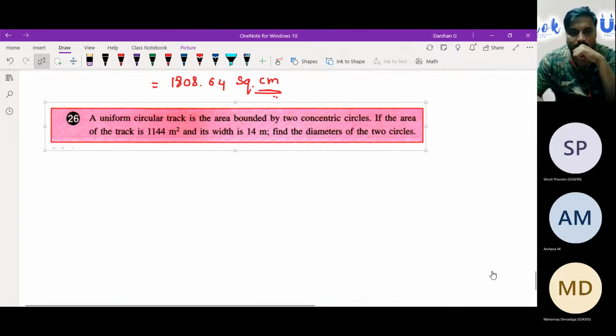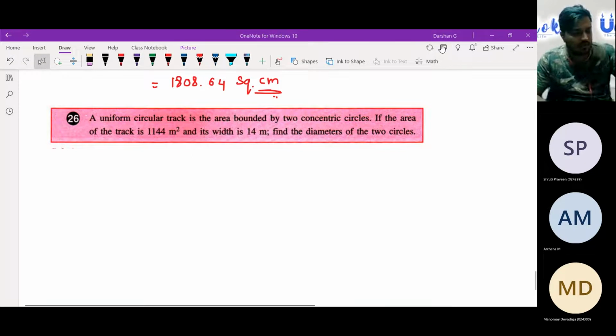Can you start doing this question, Shruti and Manomai?